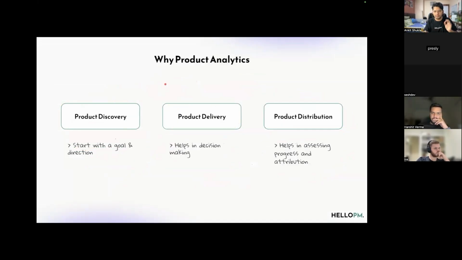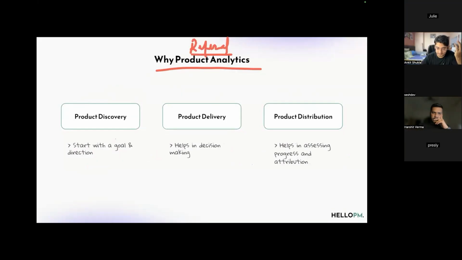Cool. Let me give you a short example, and I'll take one example across the session. Let's say we are looking to create a referral system. First of all, how do we discover that we need to create a referral system?